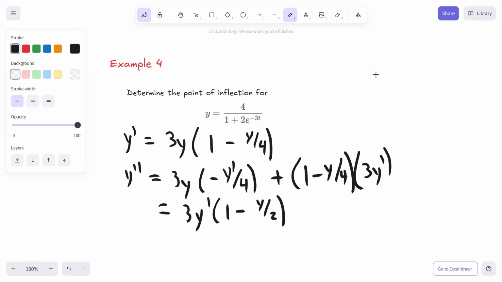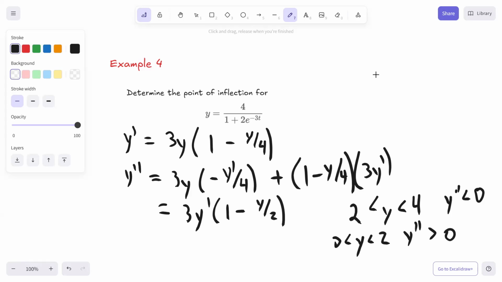Now this is helpful because when y is between 4 and 2, then the second derivative is less than 0. Similarly, when y is between 0 and 2, the second derivative is going to be positive. So the graph is concave upward from 0 to 2, concave downward from 2 to 4, meaning y equals 2 is our point of inflection.